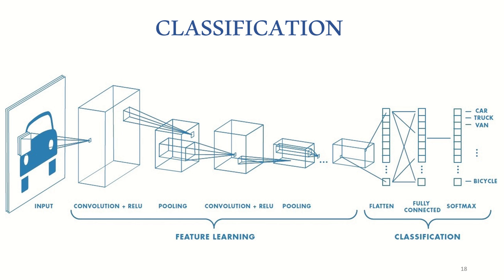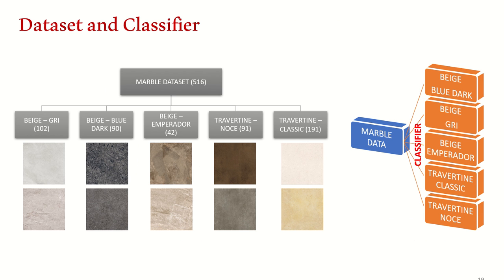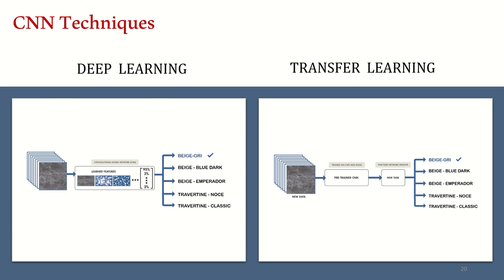So we have a marble dataset, which includes 5 labels: beige gray, beige blue dark, beige emperador, travertine notch, travertine classic, and we try to classify them.